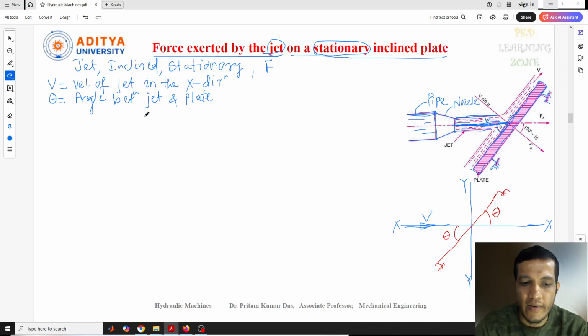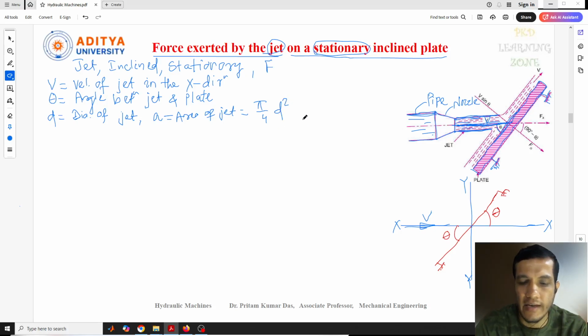Next is the area we need to consider here. This is the total jet coming out from here, which we can consider as small d, the diameter of the jet. From this we can calculate the area, small a, the area of the jet, with the help of the formula pi by 4 d square.